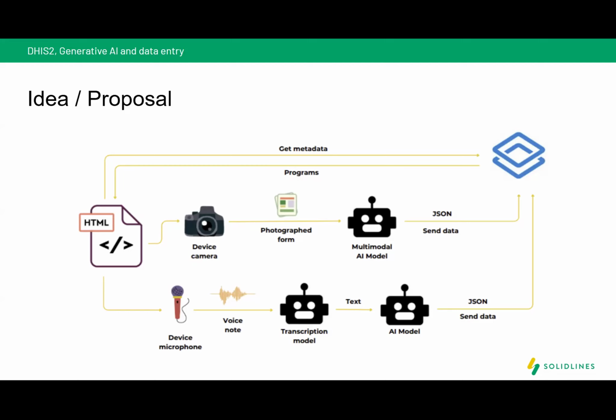So maybe in the instructions we can say, take into account that the program is for people from Senegal, so the names of the people should be the most common in Senegal, or we can even pass a set of common names in Senegal. These are small tweaks that we can do during the process.